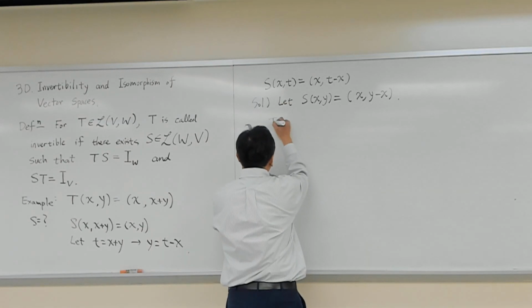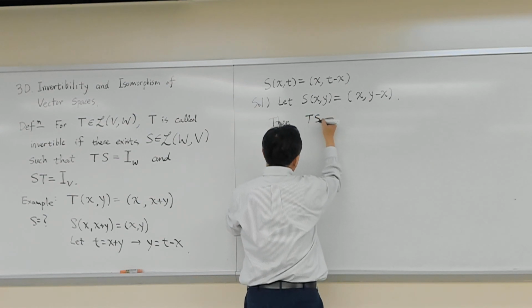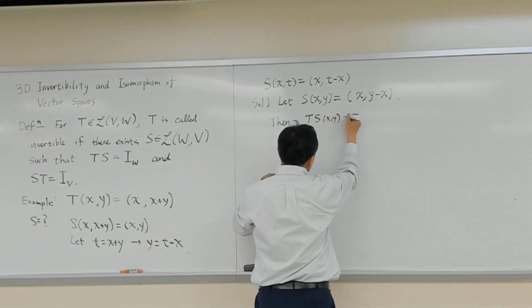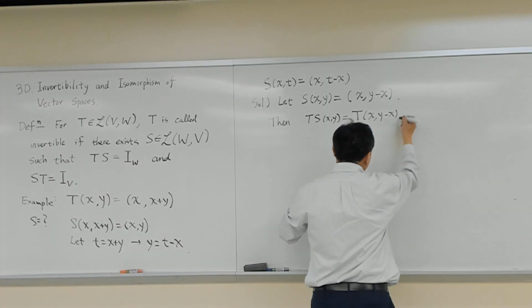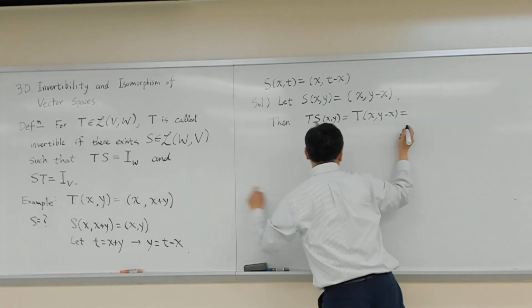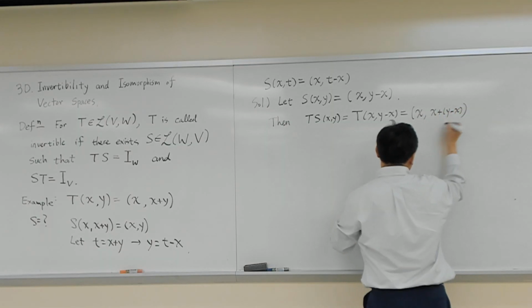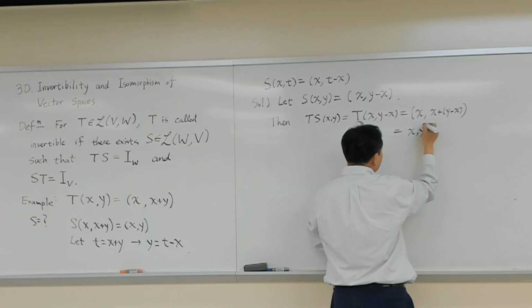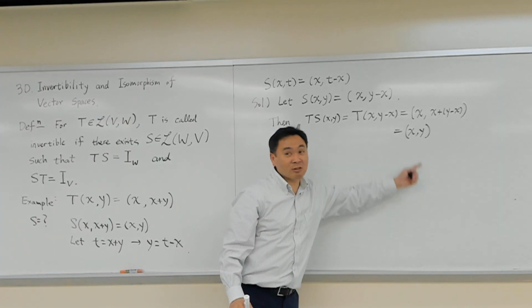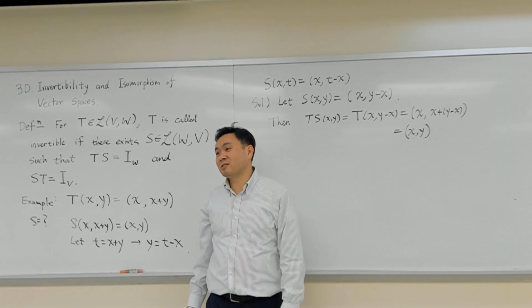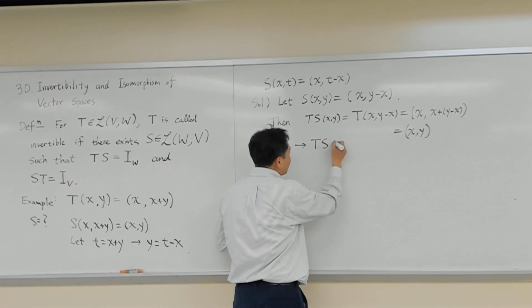Then TS of (x, y) is going to be T of (x, y minus x). But then I'm plugging this into this formula, which is (x, x plus y minus x), which is (x, y). So look, I went from (x, y) to (x, y). What is that? Identity function. Okay, so we do see that TS is identity.